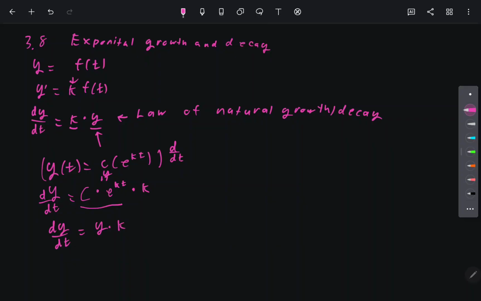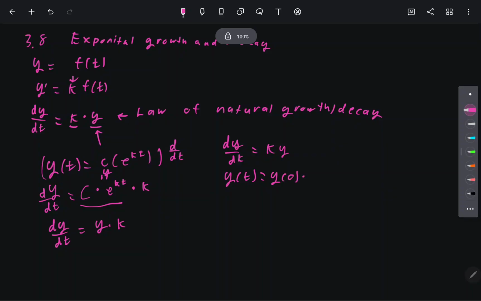And why the only solution to this differential equation, which is what this is called because it's an equation given, or a derivative that's a given, not an original function, the only solution to dy/dt is equal to k times y are the functions y of t is equal to y naught times e to the kt. And that's it.